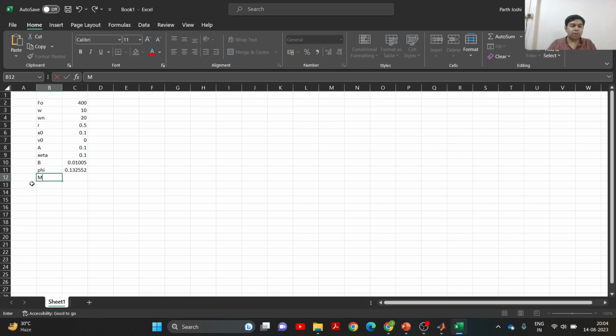Now if we want to find out the magnification factor, it will be basically 1 upon the square root of 1 minus r square the whole square plus 2 into zeta into r the whole square.